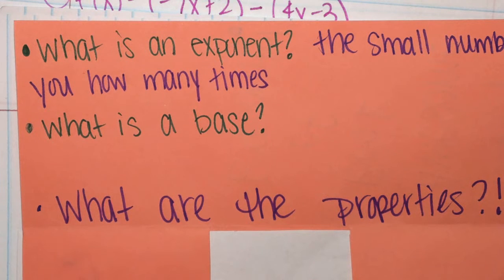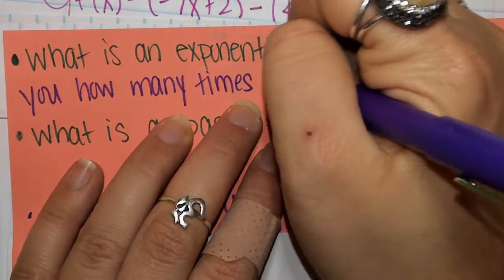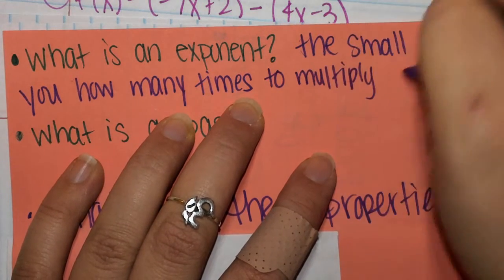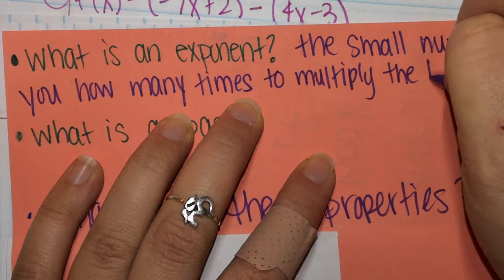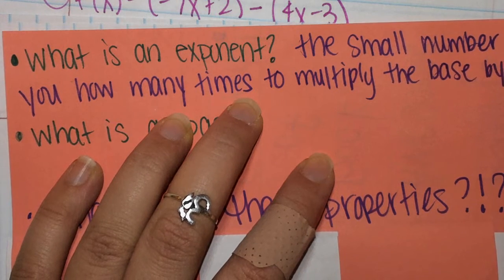How many times what? To multiply what? What is the number called? Base. Awesome. Look at us go. To multiply the base by itself.